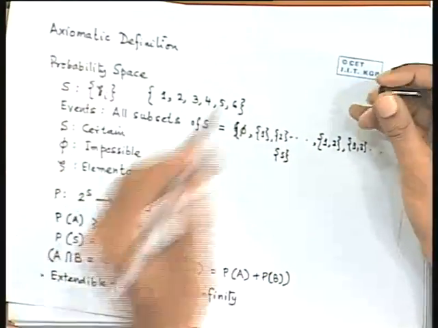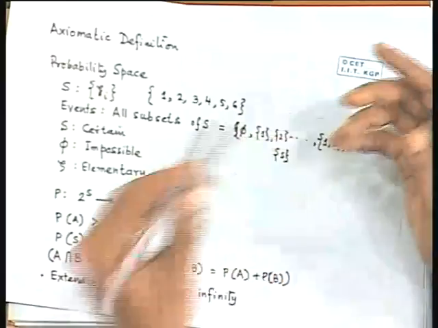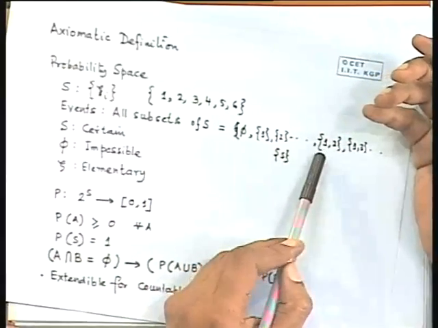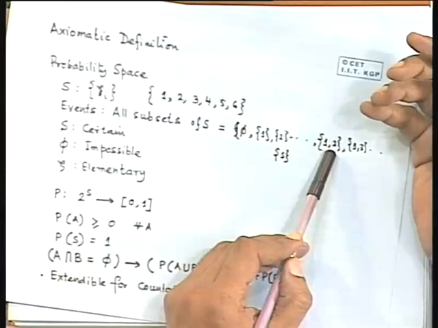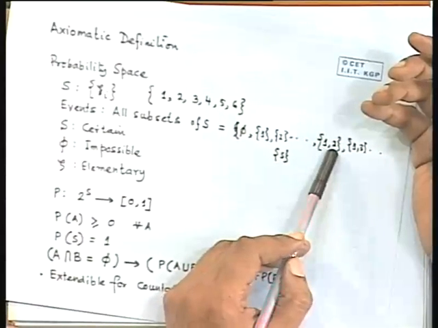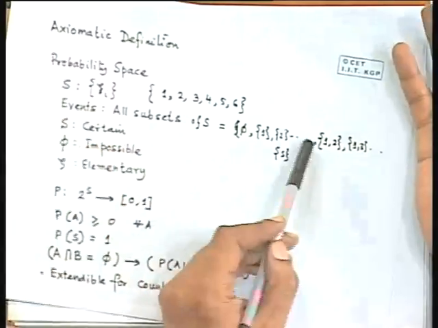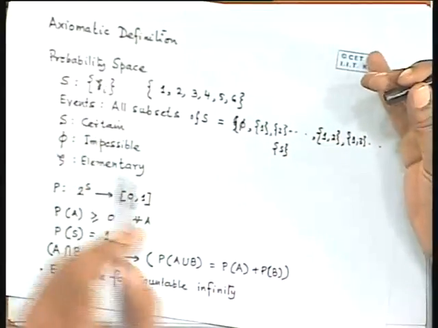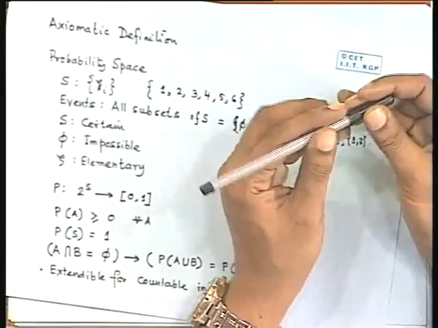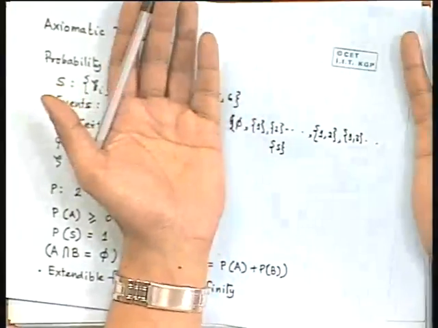S is generally called a certain event, because what is the meaning of an event? When you say {1, 2}, what is the event? The event is that either a 1 or a 2 occurs. If a 1 or 2 occurs, then we say that this particular event has occurred. So obviously S is called the certain event because S contains all outcomes, so it must occur.